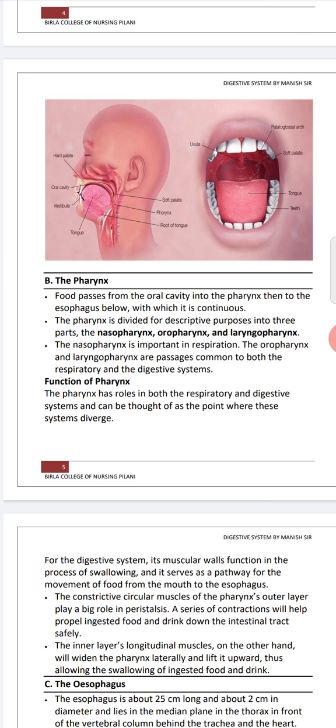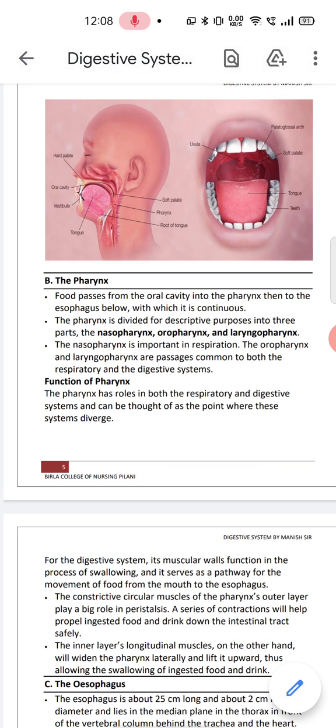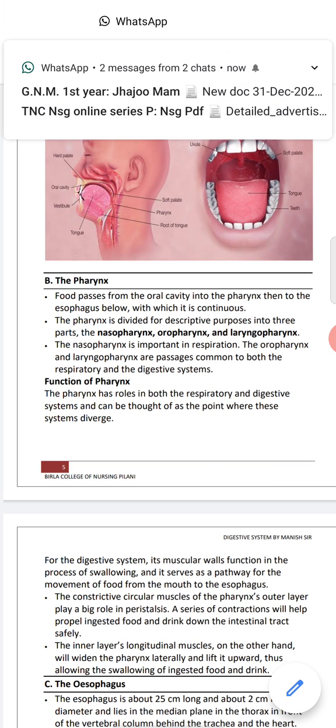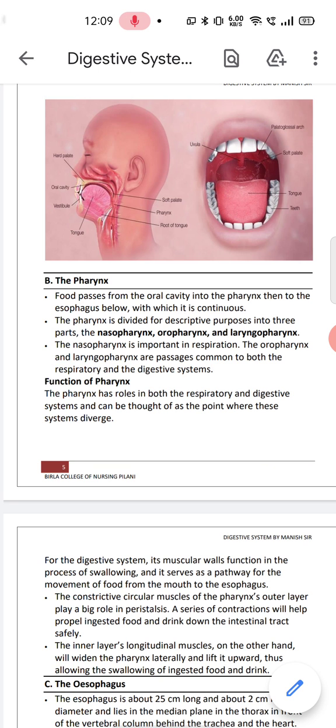Peristalsis, a series of contractions, helps propel swallowed food and drink down the digestive tract safely. The inner layer of longitudinal muscles, on the other hand, will widen the pharynx laterally and lift it upward, thus allowing the swallowing and ingestion of food and drink.